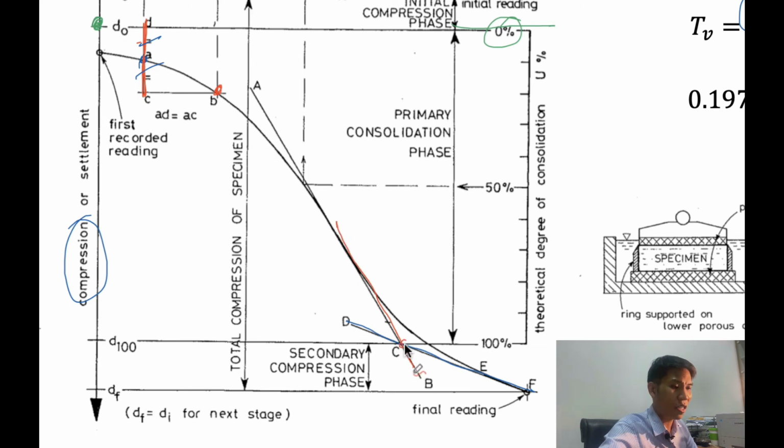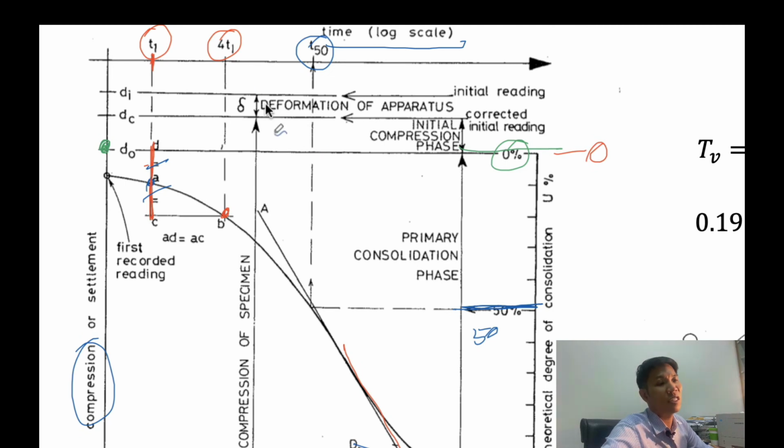The cross section between the two lines determines the value of 100% degree of consolidation. So you get 0 and 100. You divide by 2 to get 50% consolidation. After 50%, you project it up and obtain the so-called T50. T50 is the time at which consolidation finishes about 50%.